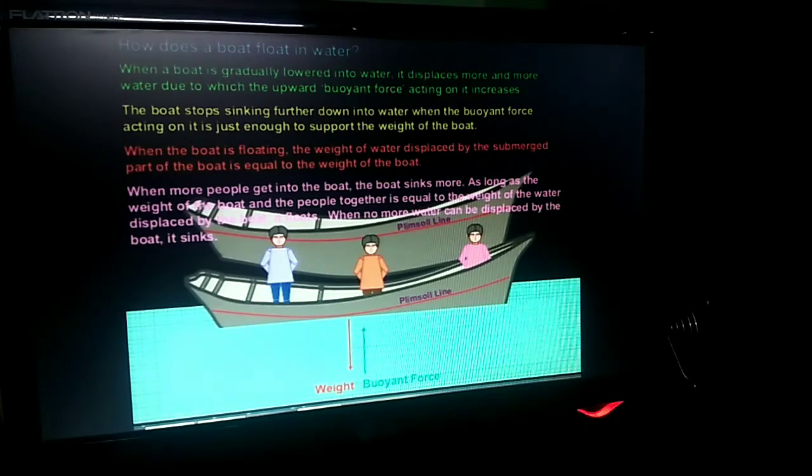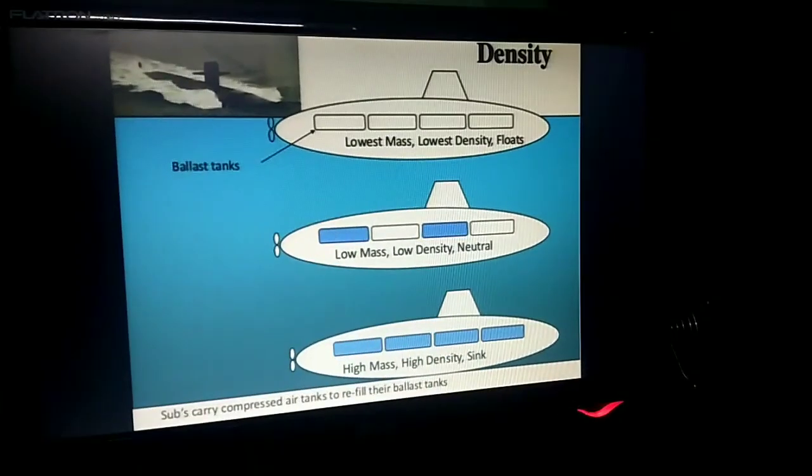When more people get into the boat, it sinks more. As long as the weight of the boat and the people together is equal to the weight of the water displaced by the boat, it floats. When no more water can be displaced by the boat, it sinks. Now, ballast tanks and density.